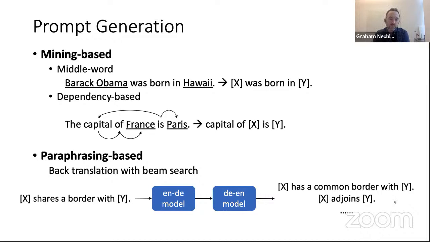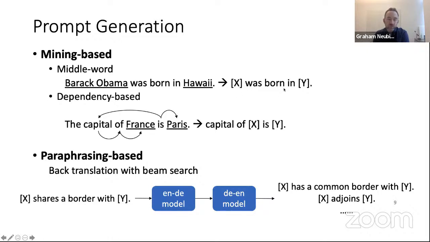So what we do is we then go to a big corpus like Wikipedia, and we probe the corpus by looking for sentences where we have the head entity and then the tail entity. We grab the middle words and we find the highest frequency patterns that look like this.